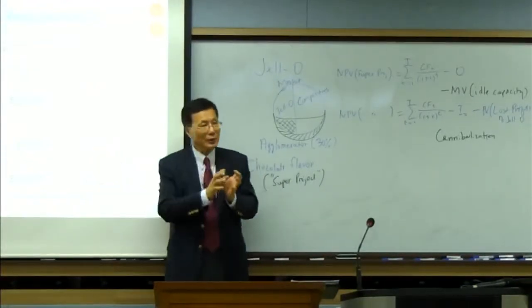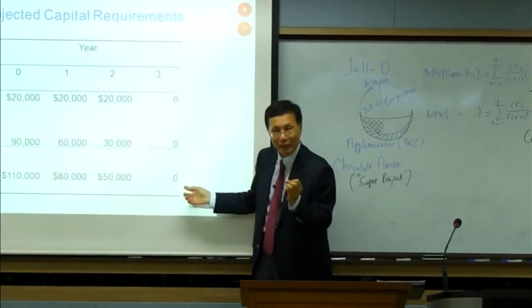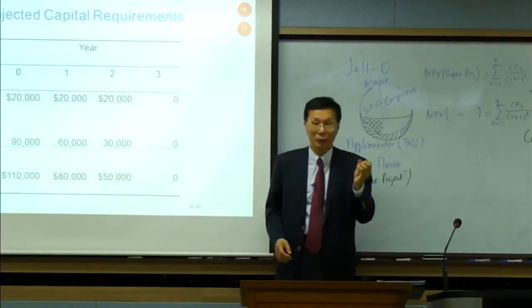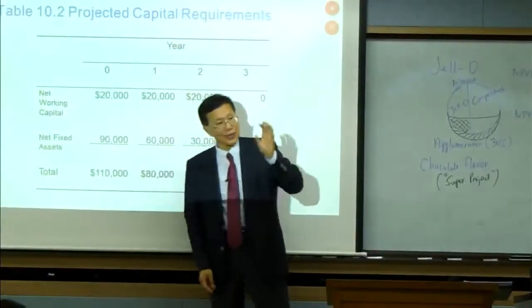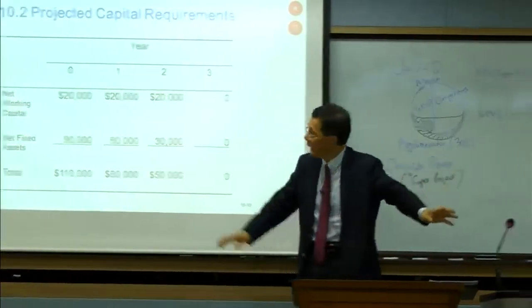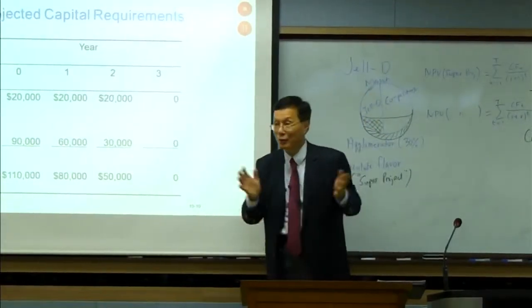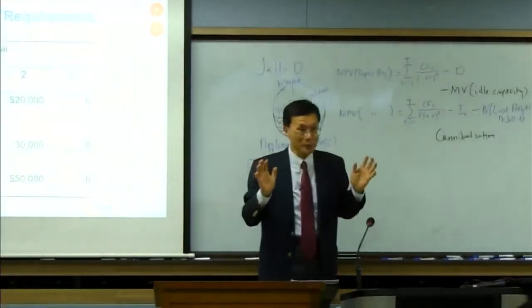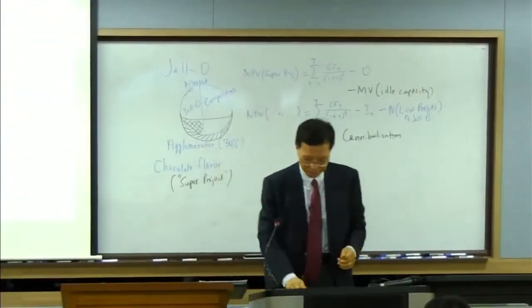So from year 0, $110,000 is invested, and at time 3, that investment is all gone over a 3-year period. Okay, are you with me? I want you to think about the picture.